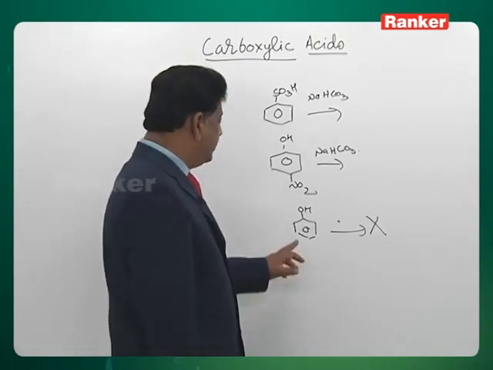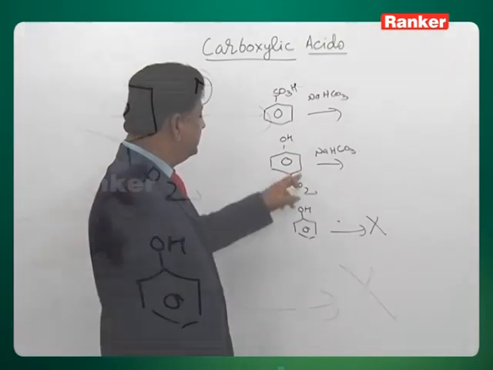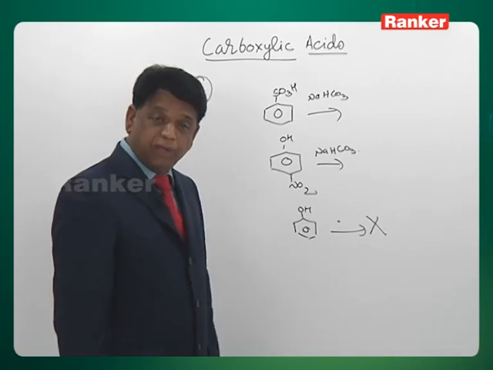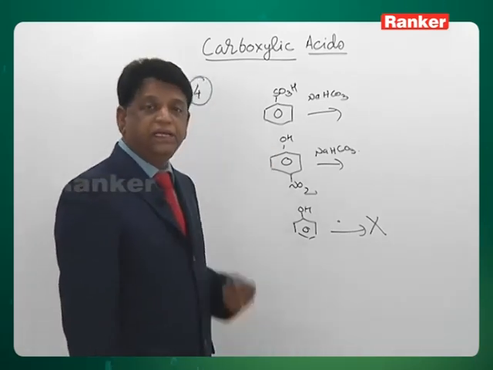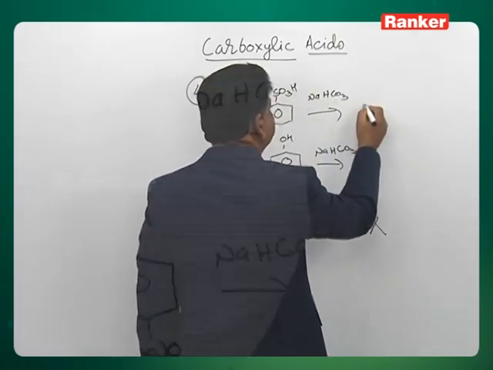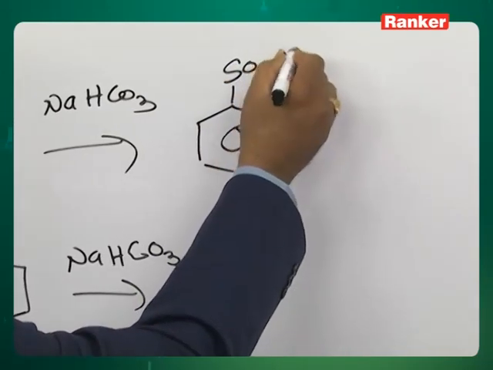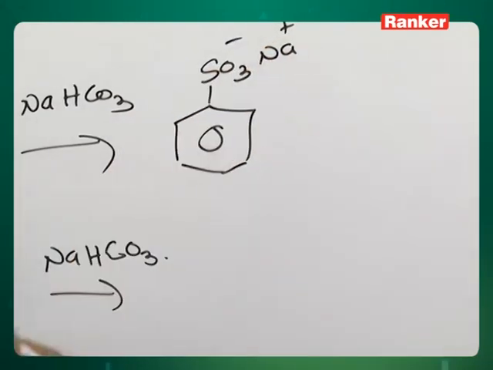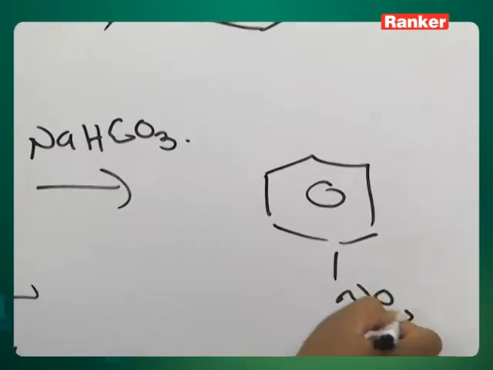The nitro group at para is a minus I, minus M group, therefore the nitrophenol becomes a stronger acid. And the sulfonic acid is originally a strong acid. So both of these react and their corresponding salts are formed: the sodium salt of the sulfonic acid and the sodium salt of the nitrophenol.